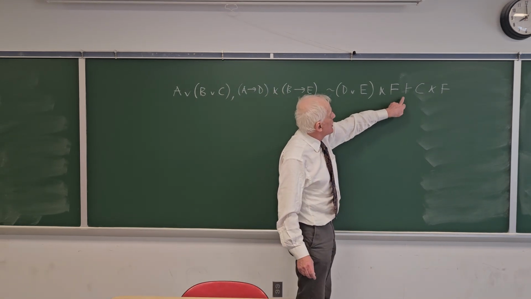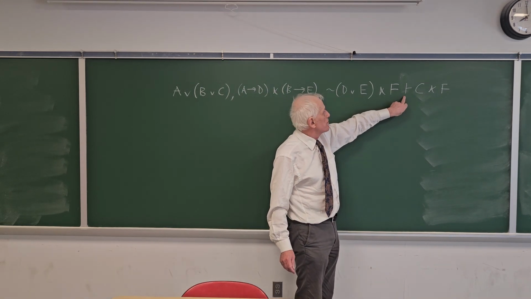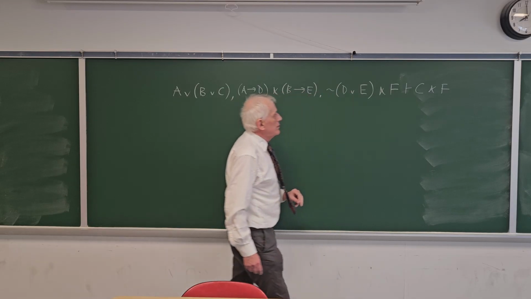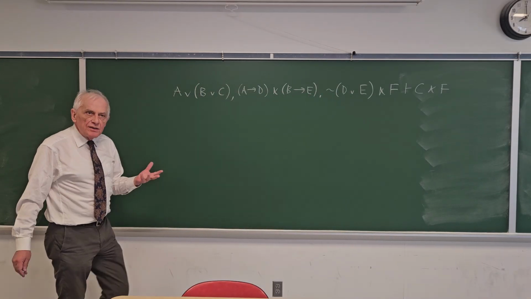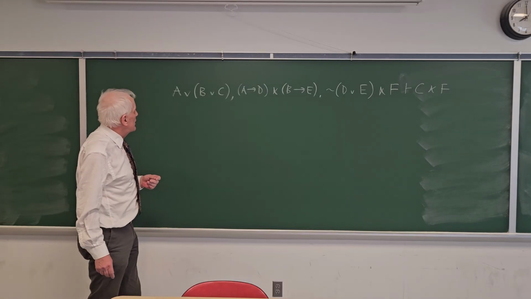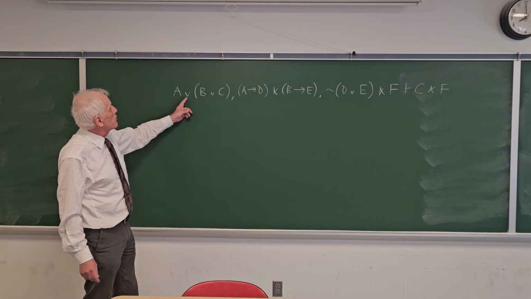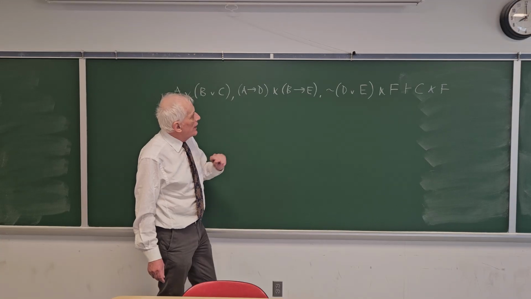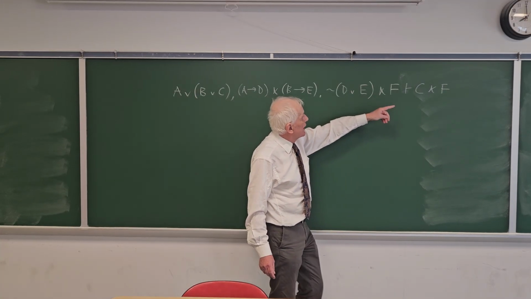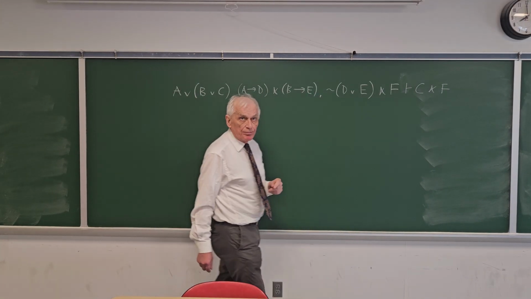Here's the turnstile, the conclusion indicator, and then there's our conclusion. And we can identify what kinds of sentences these are. This is a disjunction, this is a conjunction, and this is a conjunction, and so is the conclusion.